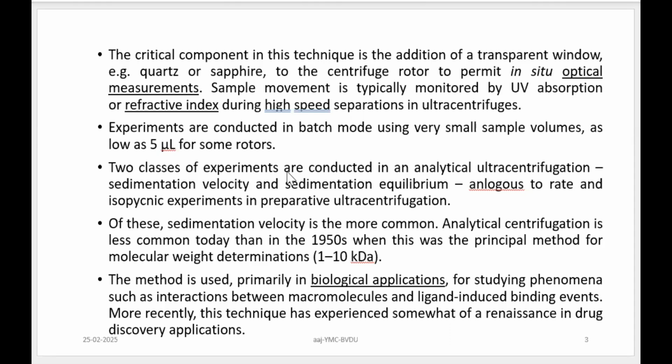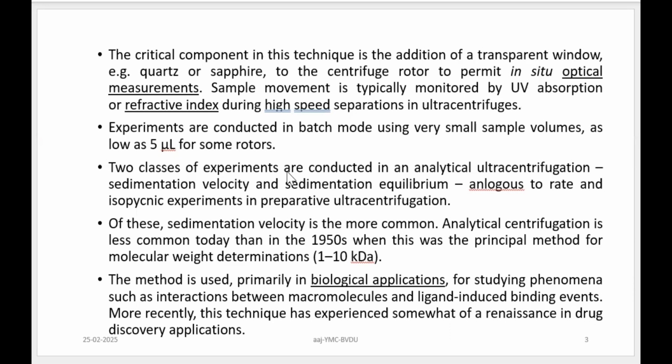Generally two types of experiments are conducted in an analytical ultracentrifuge, which are useful in characterizing the analyte. One is detecting the sedimentation velocity, and another is detecting the sedimentation equilibrium. Sedimentation velocity is more common, right?